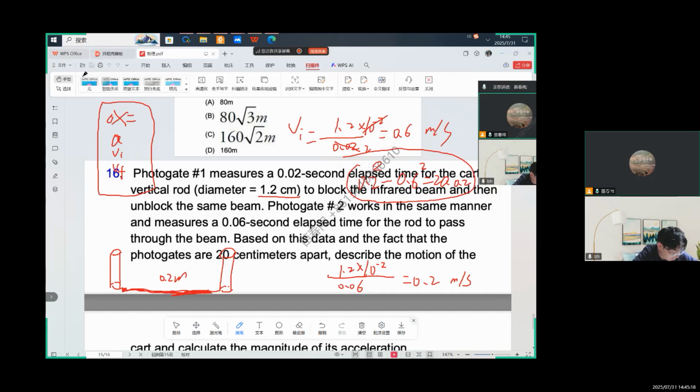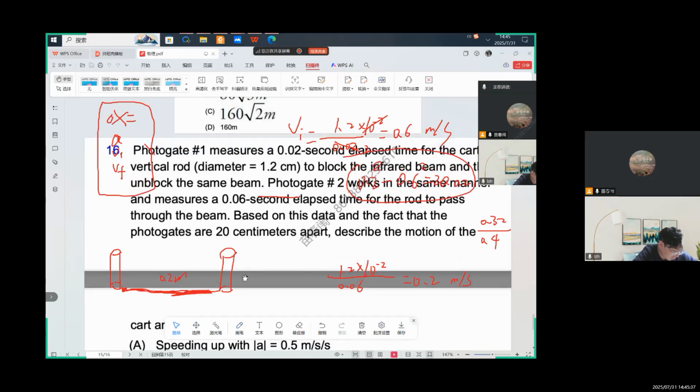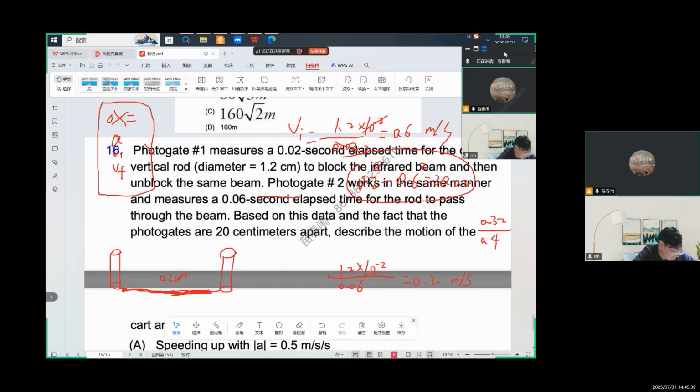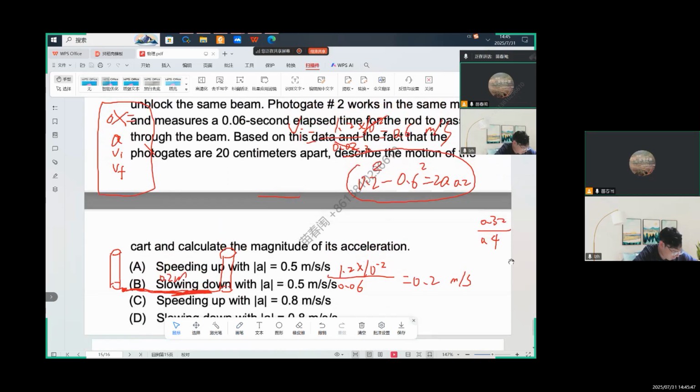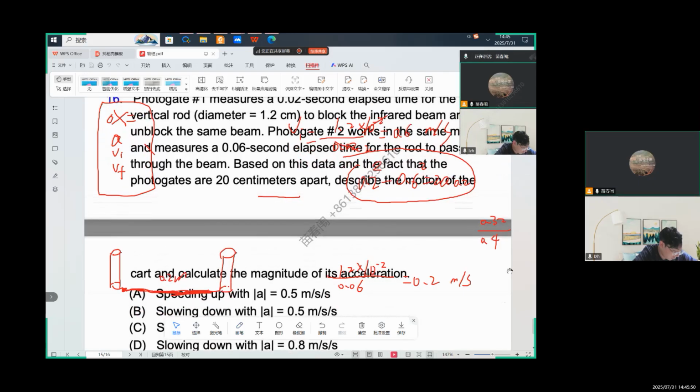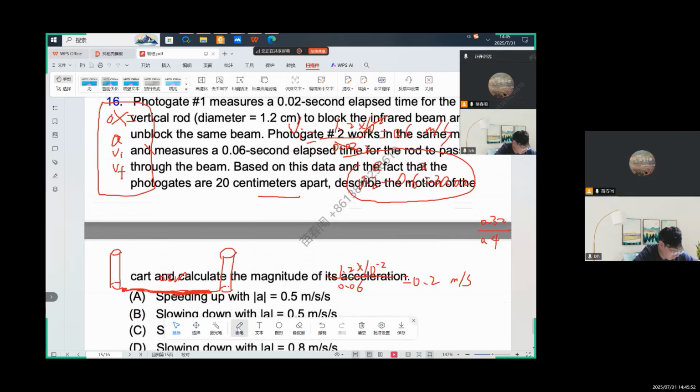Use the calculator, so there's that 0.2, 0.32 divided by 0.4. What's the result for this one? You can also write it on the screen.